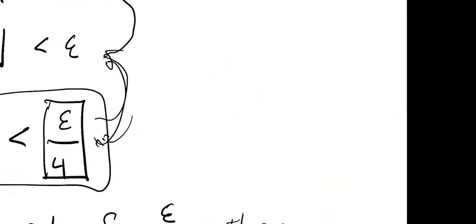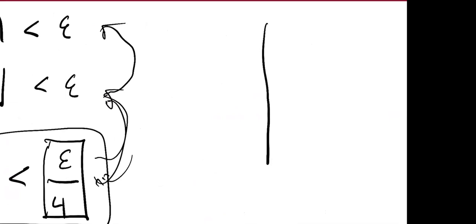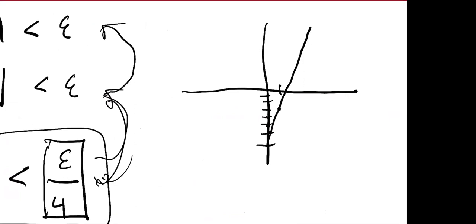I look at the graph, y equals 4x minus 7, 1, 2, 3, 4, 5, 6, 7, and then up 1, 2, 3, 4 over 1. So here's 4x minus 7, and 2, 3, 4, 5. I take a little bit of epsilon.